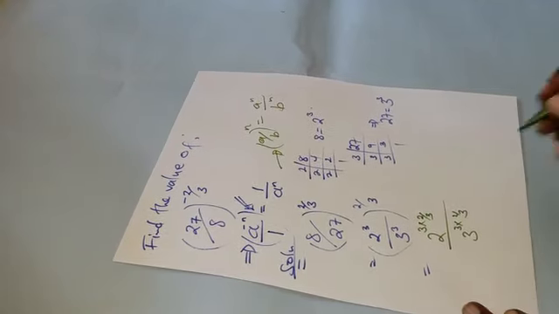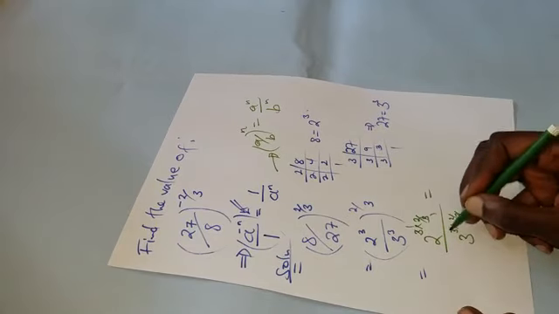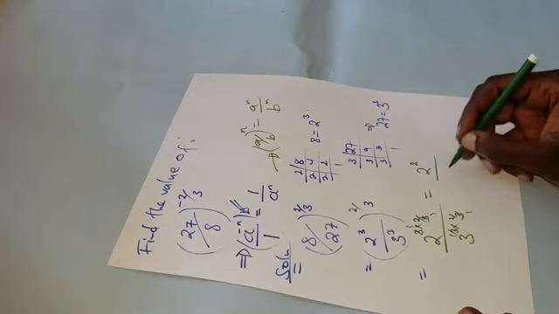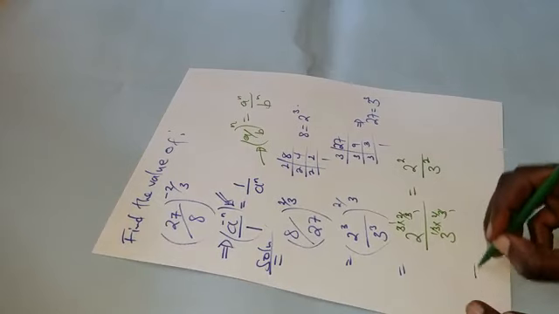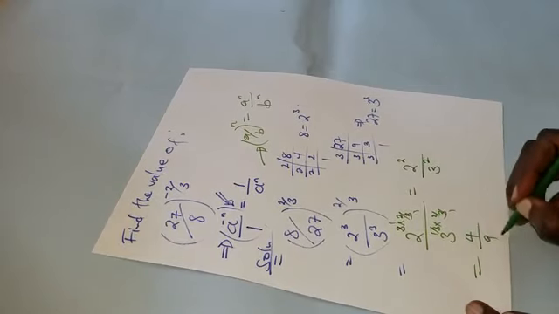So the 3 and 3 cancel, this and that cancel out, and what we have is 2 squared over 3 squared. And what will be your final answer here? It will be 4 over 9.